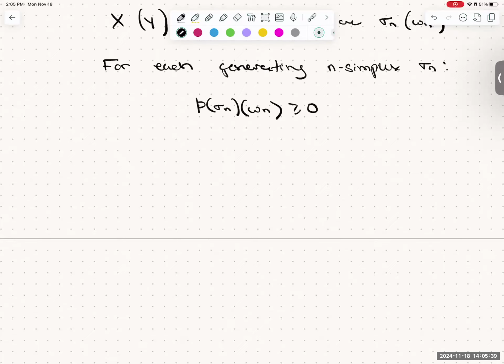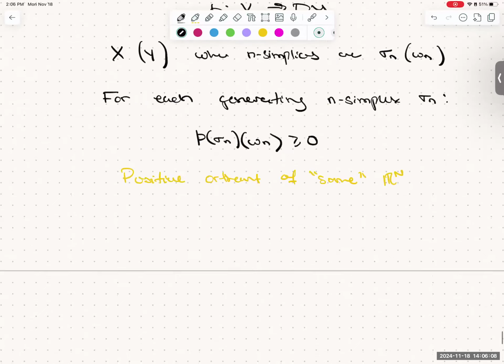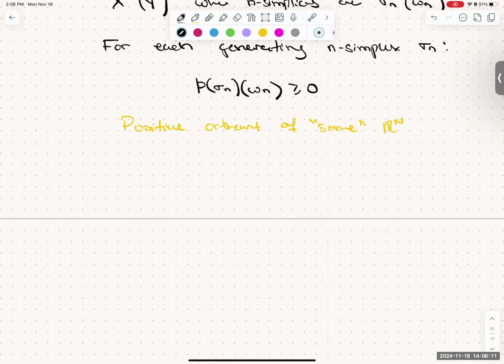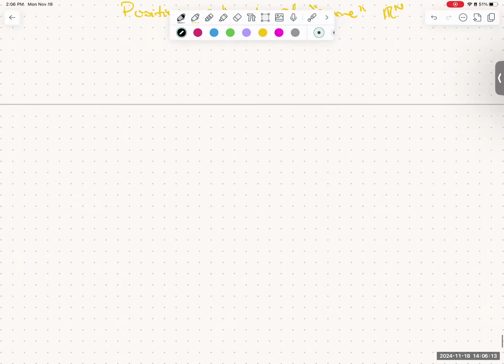So this is like the positive orthant of some R^n. By n, I just mean that we've chosen n to be precisely the number of probabilities in the way that I described it before. So we already have that this is an H polyhedron, but it's not bounded. So we also need to impose normalization.